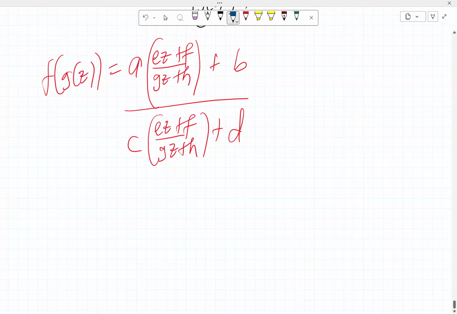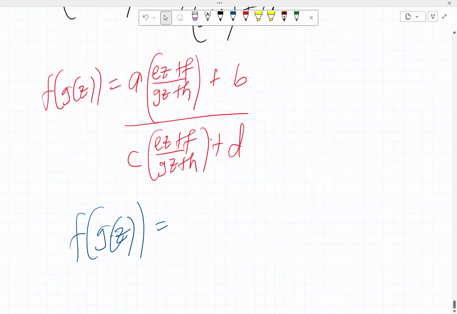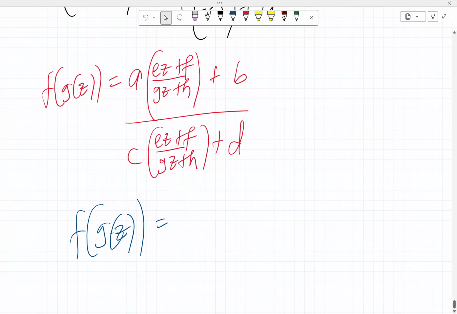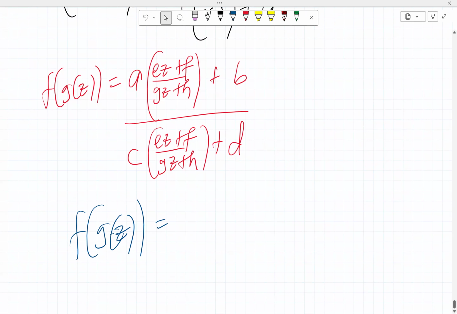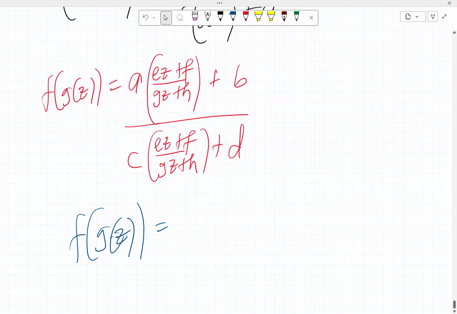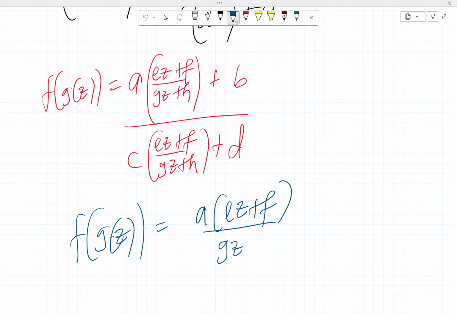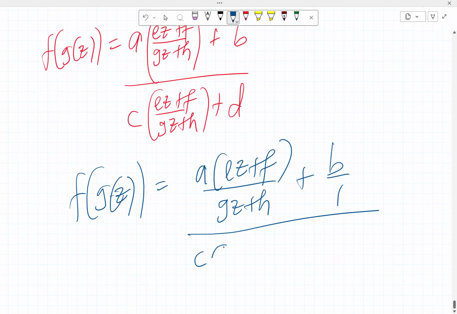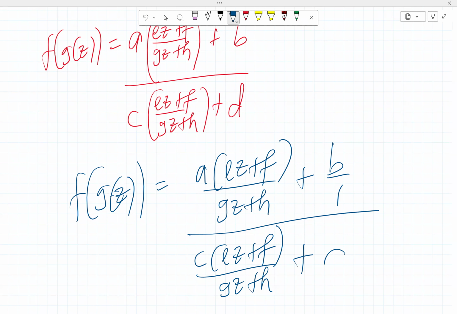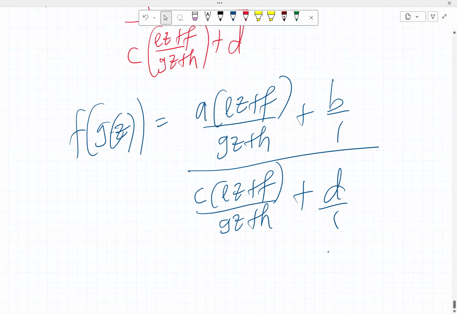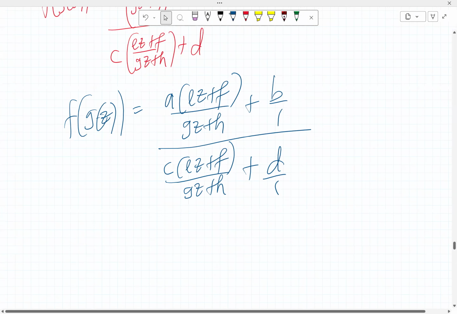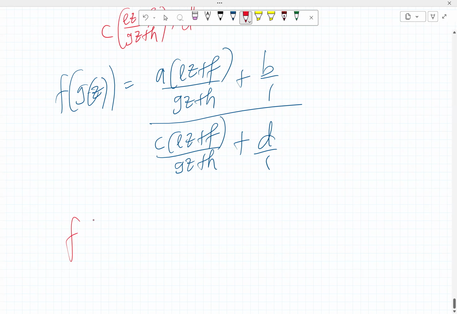So with that in place, we have to move carefully. We need to take the LCM and simplify. Here we have a into ez plus f all over gz plus h, plus b over 1 up here, all over c into ez plus f all over gz plus h, plus d over 1 there. We try to tidy things up carefully because it can be really confusing.